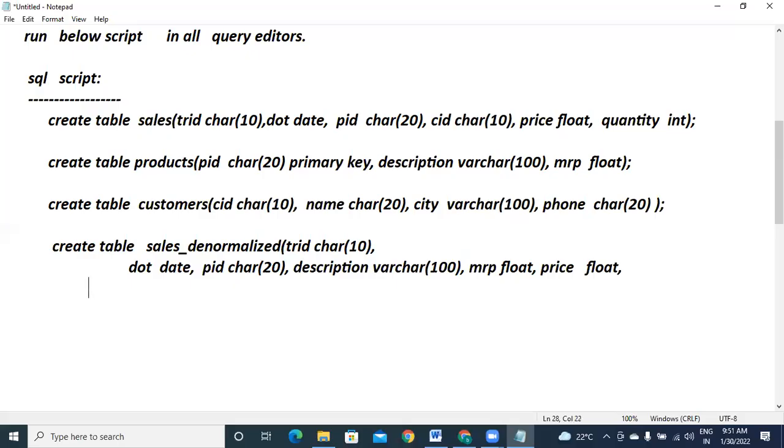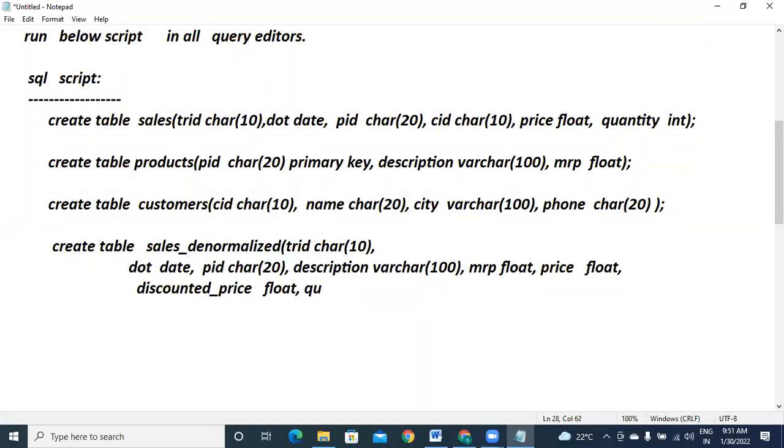And after that, I want discounted price. That means how much discount you got. Suppose MRP is 15,000, your sales price is 14,000. The discount is 1,000 rupees. MRP minus price. Okay. Float. Got it?